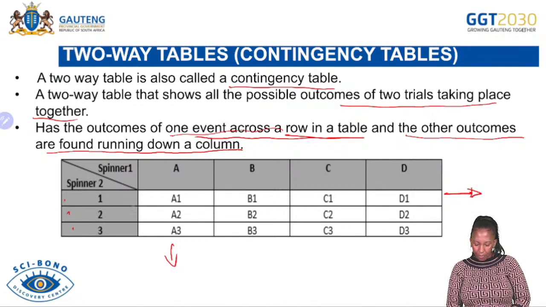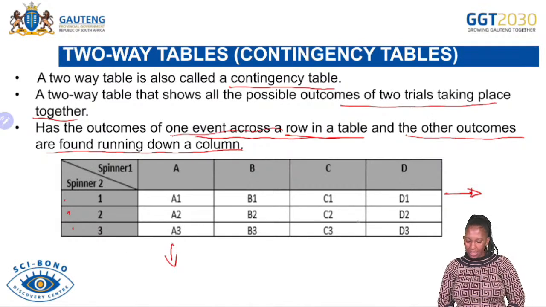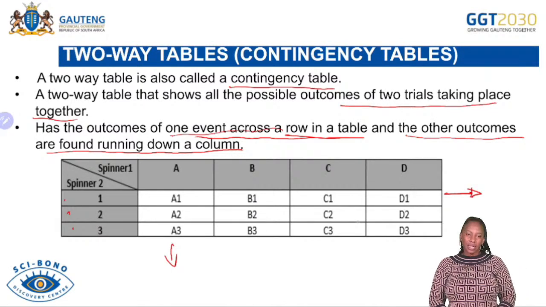It will go across if I use spinner 1, and then spinner 2: A2, B2, C2, and D2. Spinner 3, or maybe spinning for the third time: A3, B3, C3, and D3. Boys and girls, it's so simple.